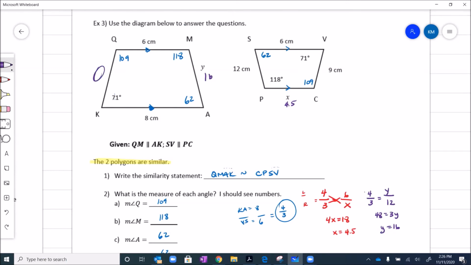I'm going to just give it a variable z and say that 4/3 should equal z/9. Cross multiply, 36, 3z, z is 12.